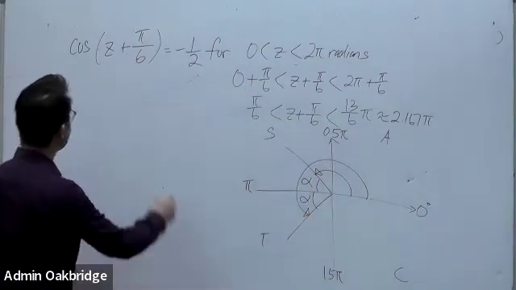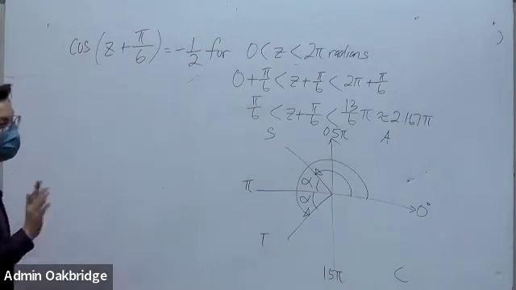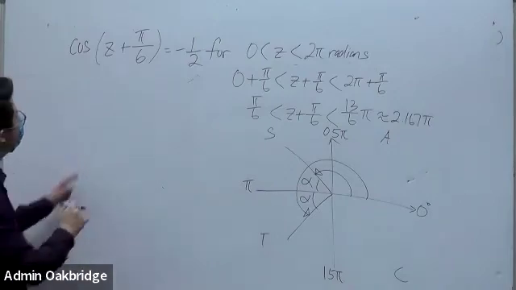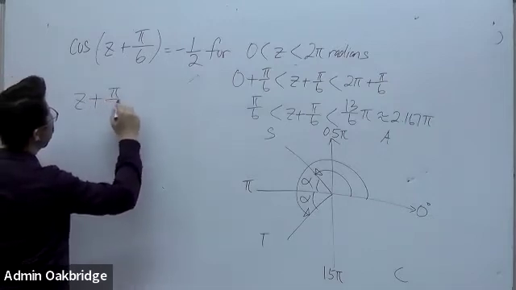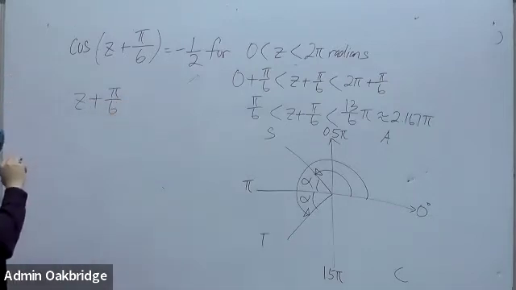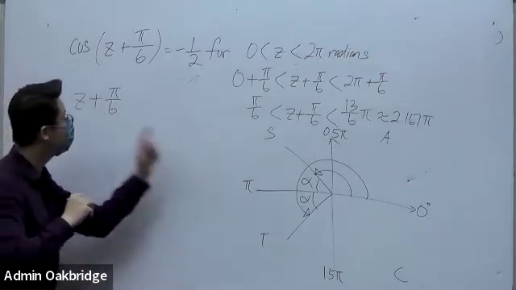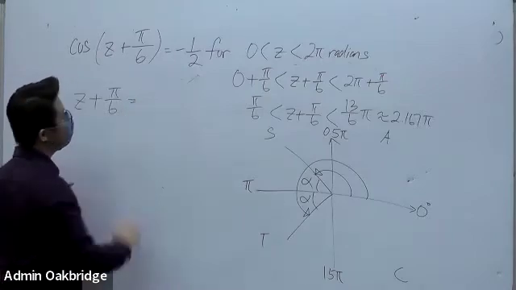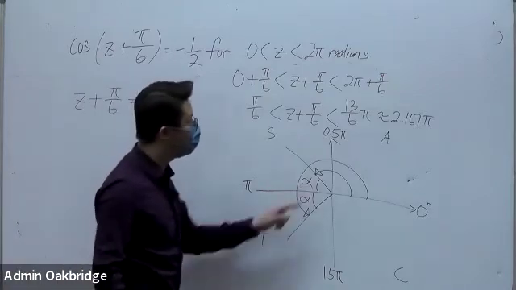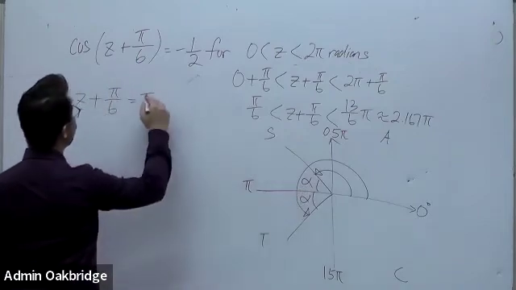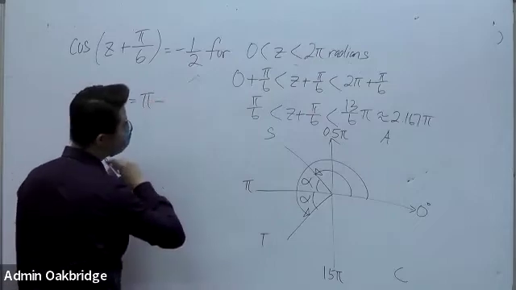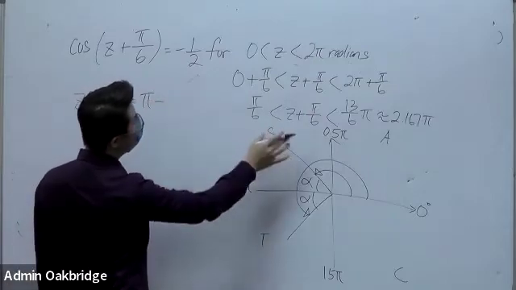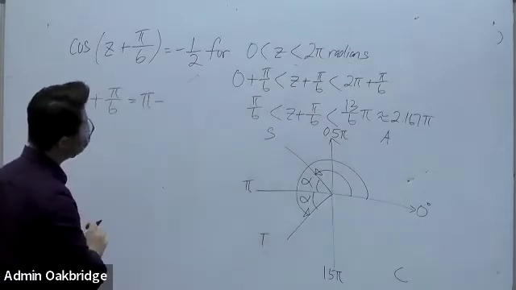So now you can find out x plus pi over 6, not yet x. Okay, so far we only find out x plus pi over 6 first. Not yet x. So the first one is, the angle in the second quadrant means you take pi minus the basic angle. You still haven't found the basic angle yet, right?